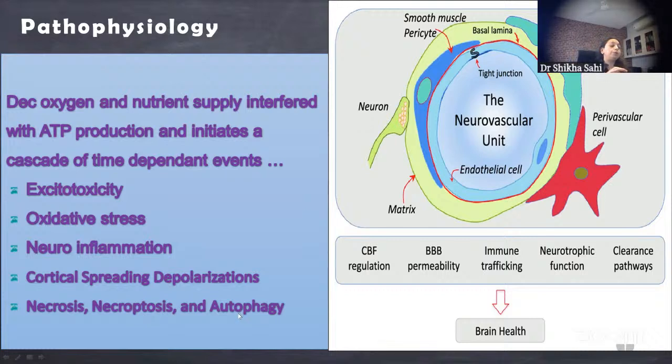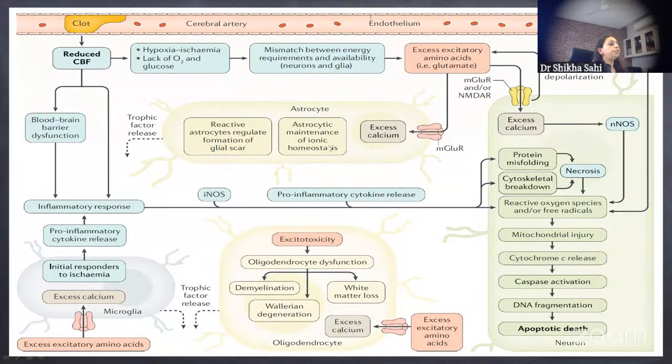Why this is important is that this is one of the areas where research is also working, apart from thrombolysis, on cerebral protection strategies, for drugs which can target these pathways so that the brain has some time before irreversible damage happens.